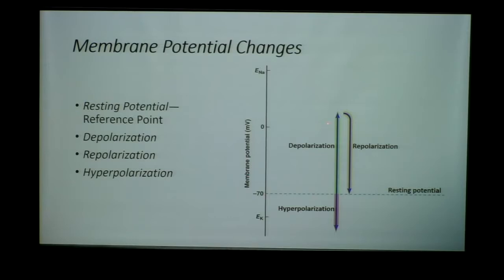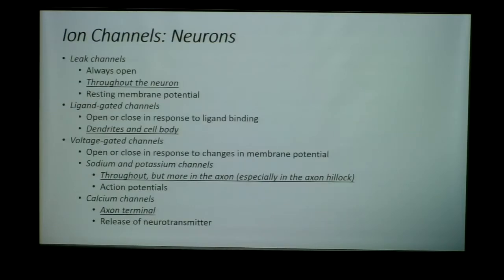A depolarizing event, where we're approaching sodium's equilibrium potential, simply means to us that the membrane is now more leaky, more permeable to sodium. And so the membrane potential will start to look more like sodium's equilibrium potential. Okay, so that's all these fluctuations are, right? Fluctuations of the membrane potential as a result of changes in ion permeability, specifically the permeabilities of sodium and potassium.